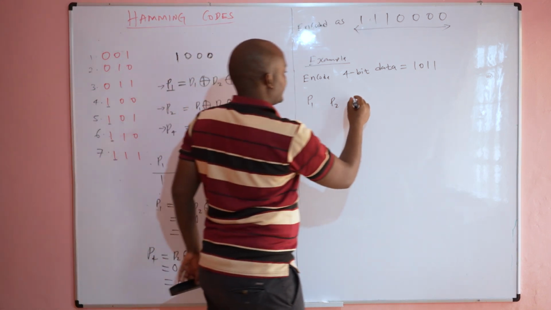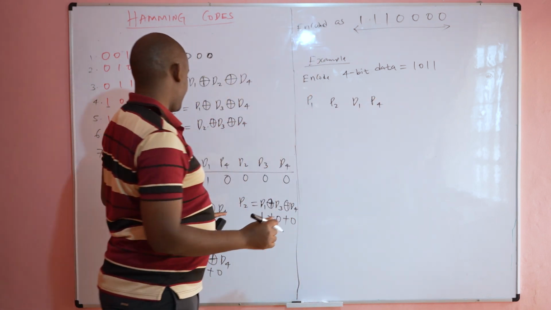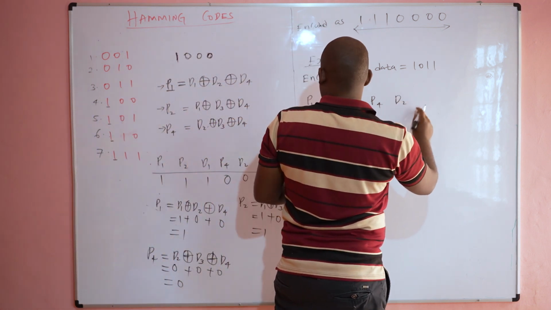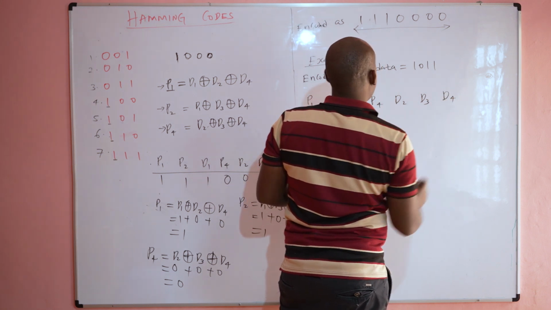We have D1, we have parity number 4, we have D2, D3, lastly D4.